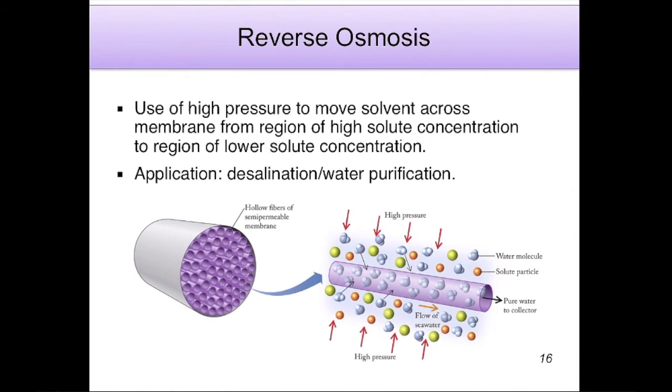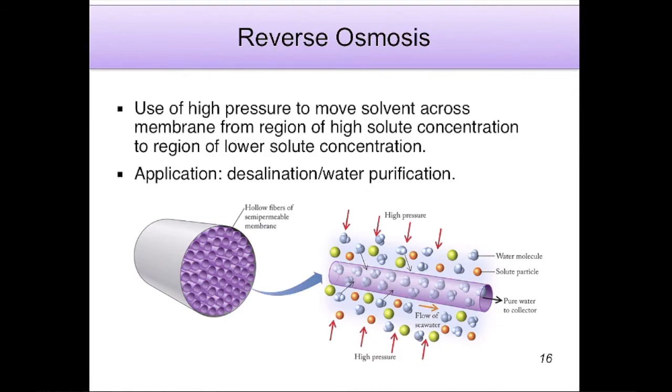You may have heard of something called reverse osmosis, and that is just the reverse process of osmosis. So instead of the solvent going from a region of low solute concentration to a region of high solute concentration, it would be just the opposite.